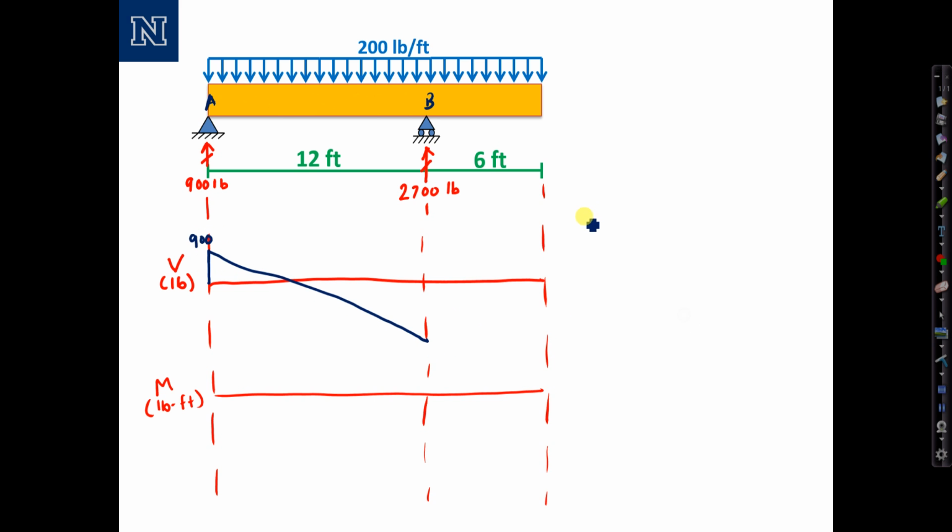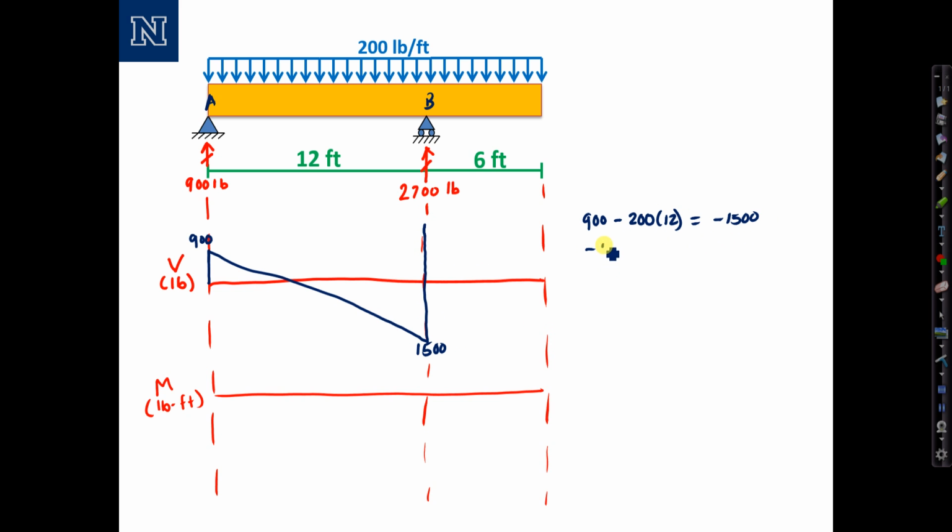The value at support B I can calculate as 900 minus distributed load 200 times the length over which it acts, and that computes to negative 1,500. So that's my value right here. Then the shear jumps up by the amount of the reaction, so it jumps up by 2,700.